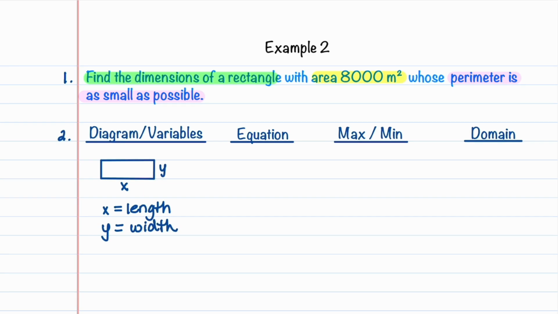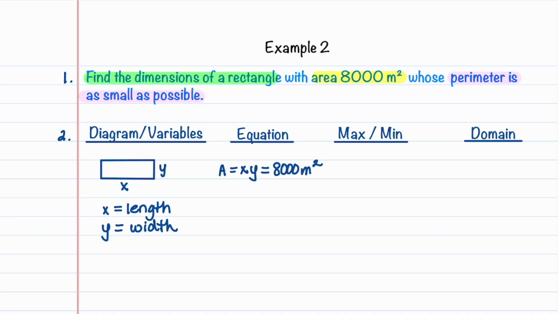Now what we need to do is we need to find an equation that relates these 2 variables. We are told that the area is 8,000 meters squared. So the equation needs to be an equation for the area. So we're going to write down that A is equal to xy, and that is equal to 8,000 meters squared.